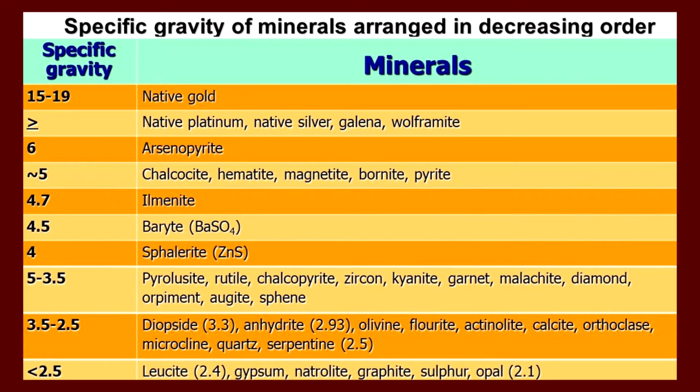But 3.5 to 2.5 specific gravity minerals are diopside, anhydrite, olivine, fluorite, actinolite, calcite, orthoclase, microcline, quartz and serpentine. 3.5 to 2.5 is moderate specific gravity, but there are minerals which show specific gravity even less than 2.5, which includes leucite, gypsum, natrolite, graphite, sulfur and opal.